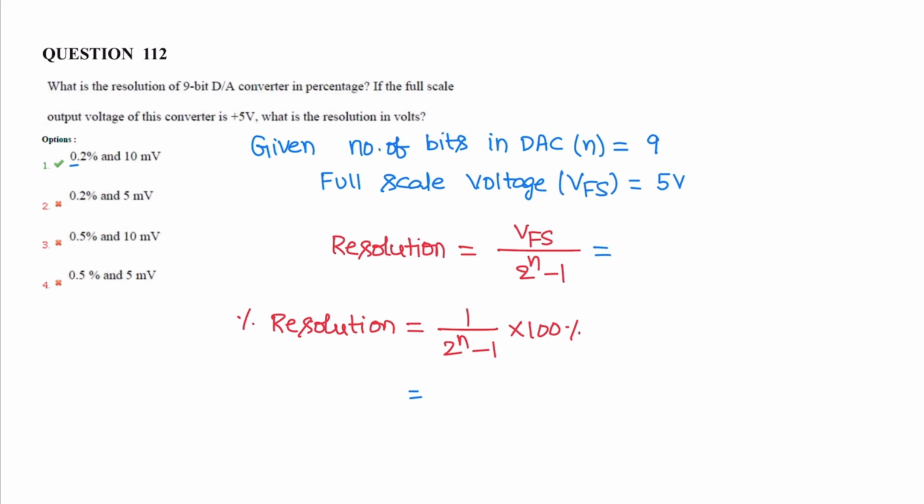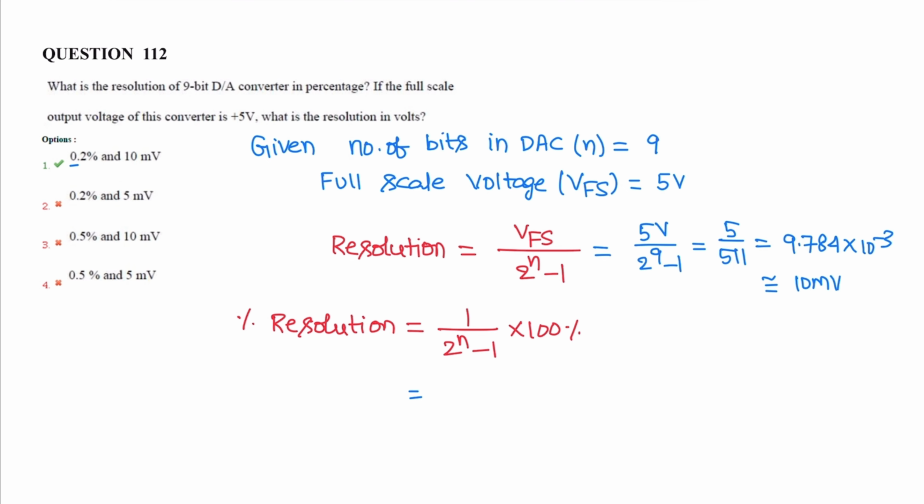The formula for resolution is VFS, full scale output voltage, by 2 power n minus 1. So full scale output voltage is 5 volts, 2 power 9 minus 1. 5 by 512 minus 1, that is 511. It is 9.784 into 10 power minus 3, approximately equal to 10 millivolts.